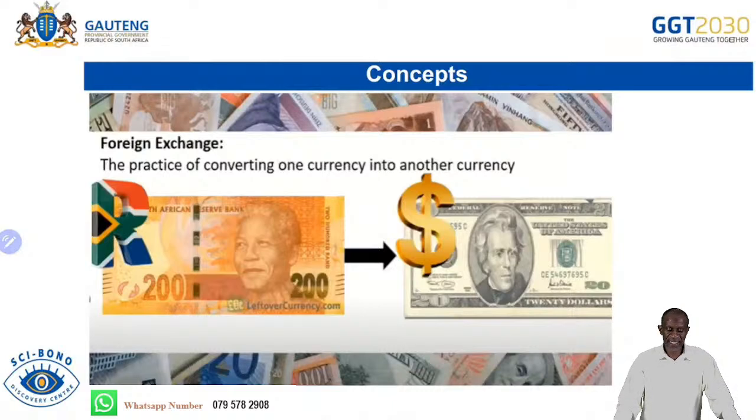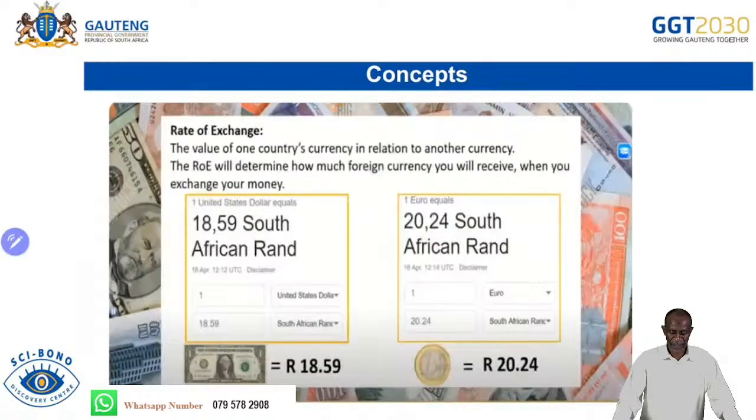That conversion, that transaction of using our rand to buy another currency, an American dollar in this instance, is referred to as foreign exchange. We are exchanging different currencies. We are exchanging different monies.